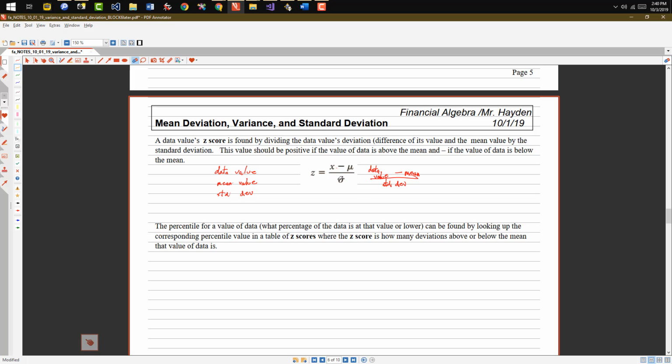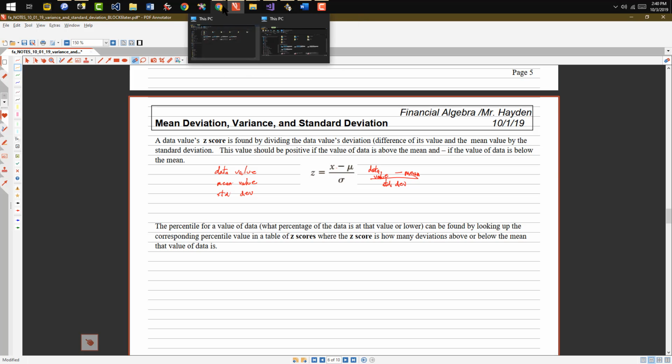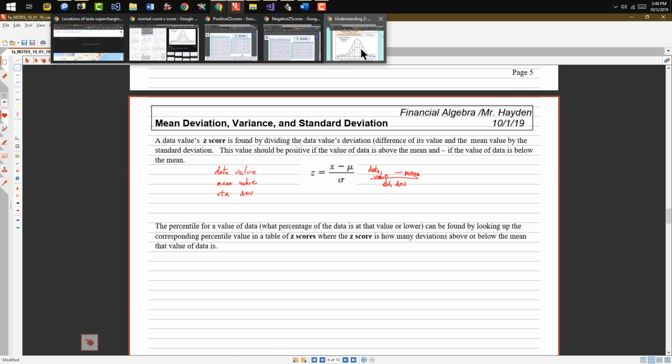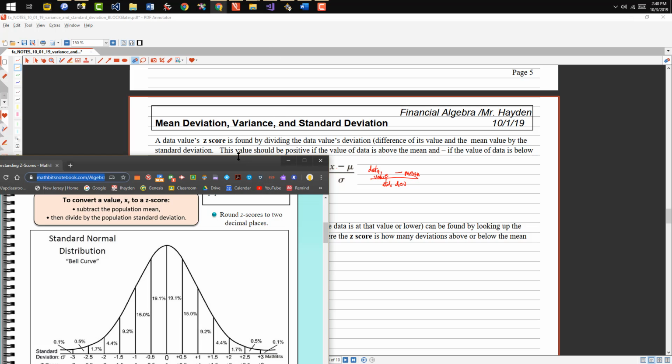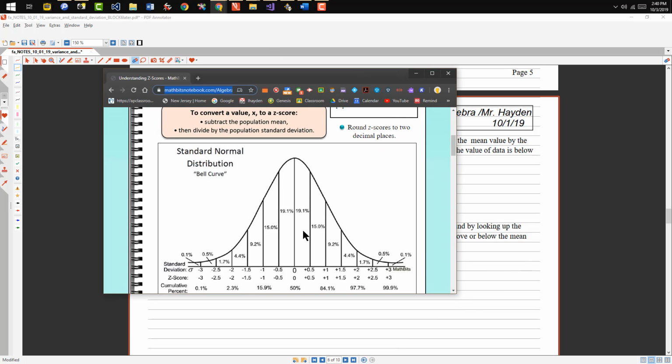Now, if you get a z-score for a value, what does that tell you? Well, if we go back to this graph, if we know a specific z-score, we can know exactly what percentage of the data is less than that value and what percentage is more than that value. How do we know exactly?